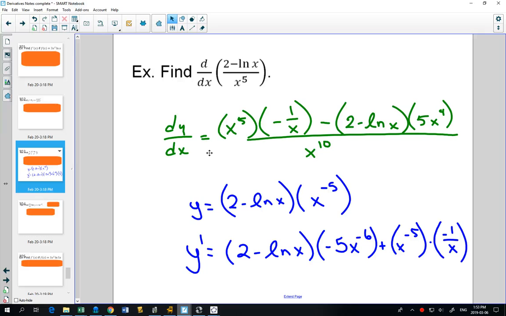Either way, both of them would need to be simplified in a textbook. This one, when you multiply it out, you'll get an x to the 6 on the bottom. This one, you'd have to factor out an x to the 4 in your numerator, and then you would get an x to the 6 in your denominator as well.